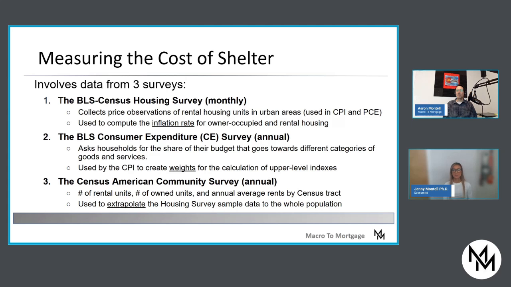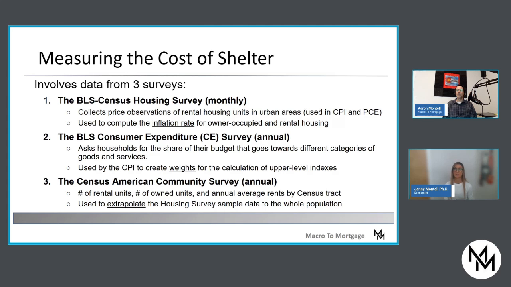The cost of shelter also makes use of the Bureau of Labor Statistics CE survey that Aaron mentioned, which is the Consumer Expenditure Survey that happens annually, so it's less frequent. This is the one that has the tricky question in it, and it asks households for the share of their budget that goes towards all the different categories of goods and services. And it is used by the CPI to create weights for the calculation of upper level indices.